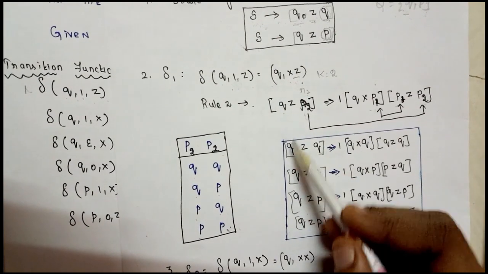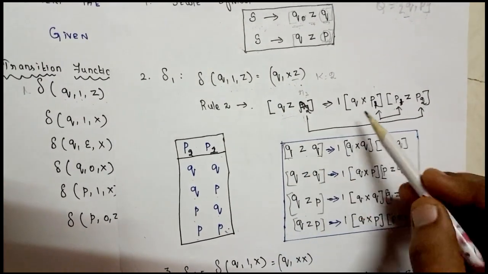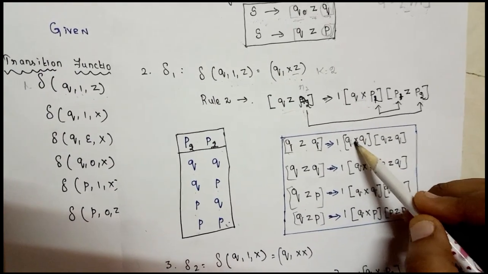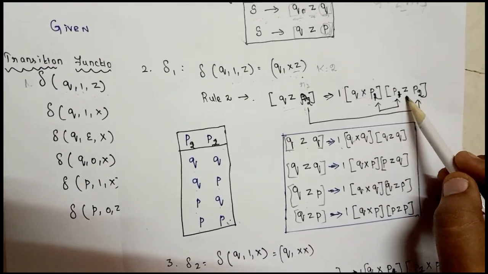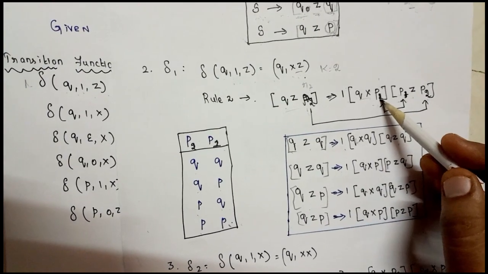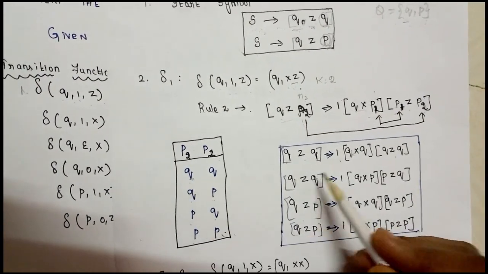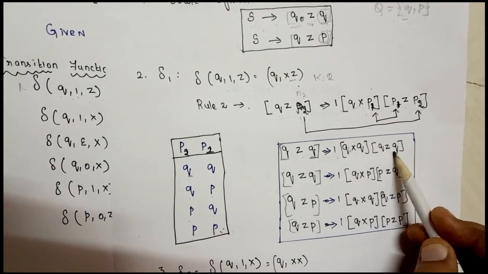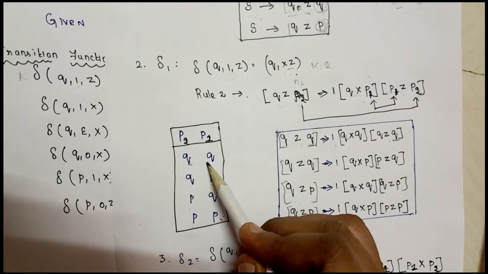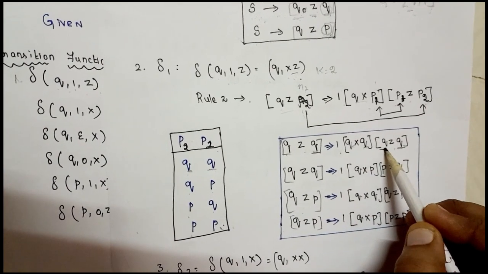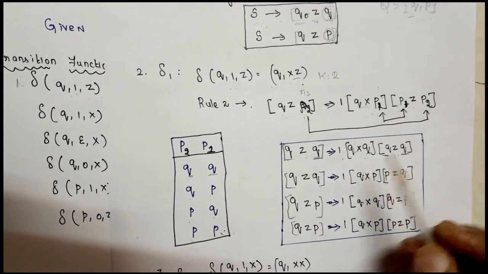Let's copy this QZ as such, and then the input symbol 1 and this QX as such and this Z as such, right? The only thing which should be substituted here is P2 is substituted as Q. So in both the places we are substituting Q, and P1 should be replaced by Q, right? So here this P1 is Q. That intermediate state is processed, right?